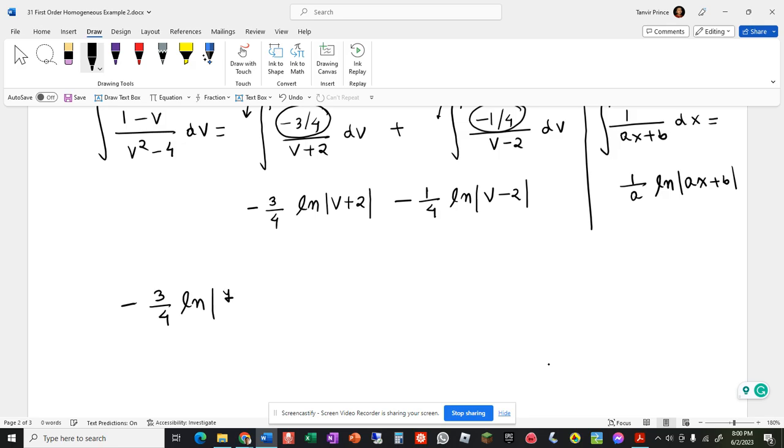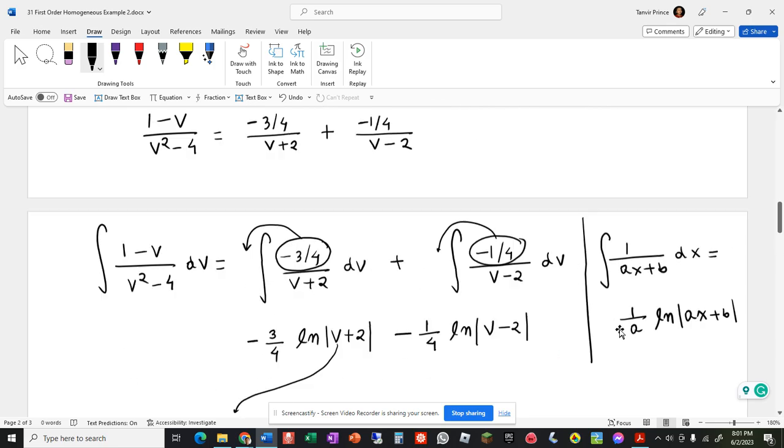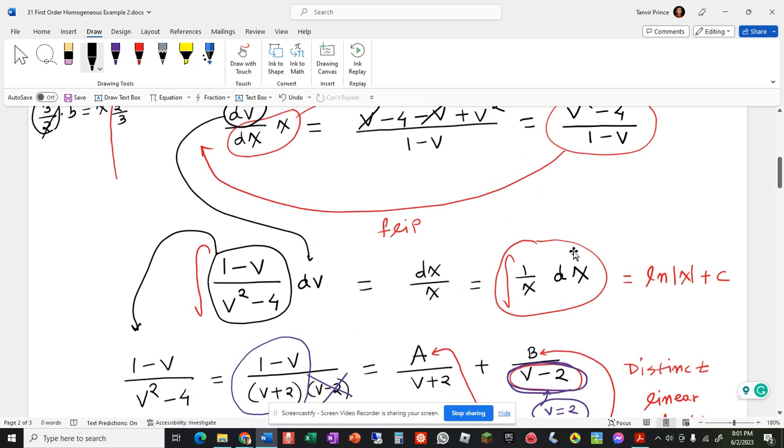And by the way, I'm going to replace v by y over x. You always do that at the end, because v is equal to y over x. That's a very important step. This is equal to the right hand side. If you remember, we did the right hand side: it is ln of x plus c.